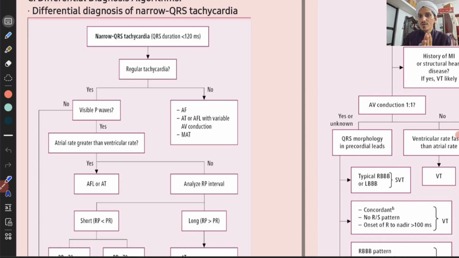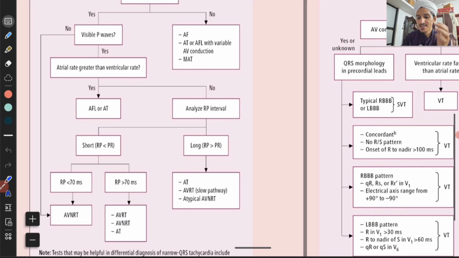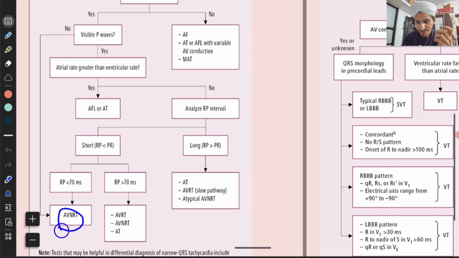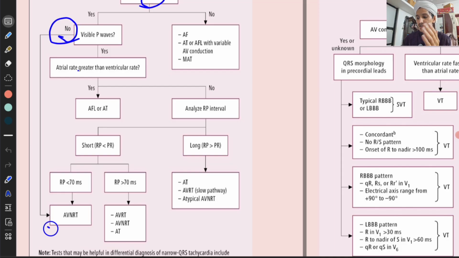So narrow complex tachycardia, regular rhythm, no P waves, then it is AVNRT. Which AVNRT? This is typical AVNRT actually. Regular tachycardia, narrow complex with no P waves is nothing but AVNRT.